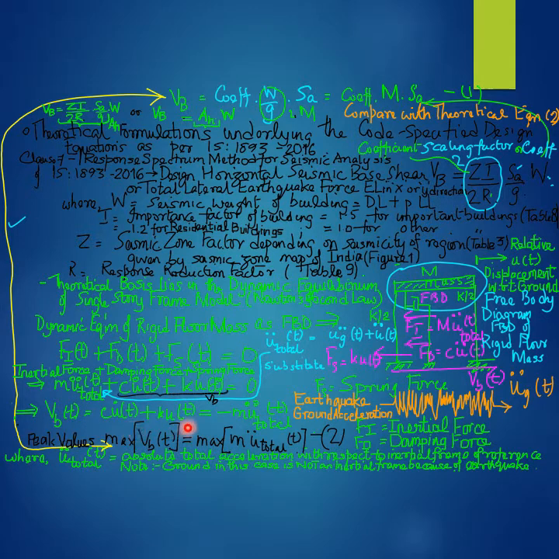The theoretical dynamic base shear V subscript small b, a time variant function, is related to the dynamic damping force F subscript D and the dynamic spring force F subscript S, as the theoretical dynamic base shear is equal and opposite to the sum of the dynamic damping force and the dynamic spring force.